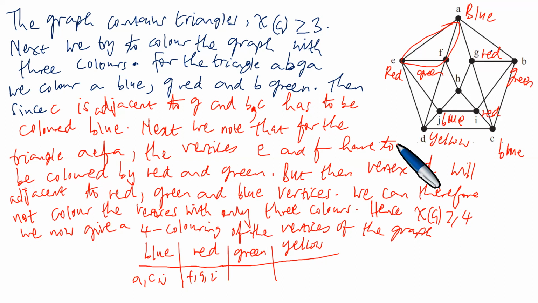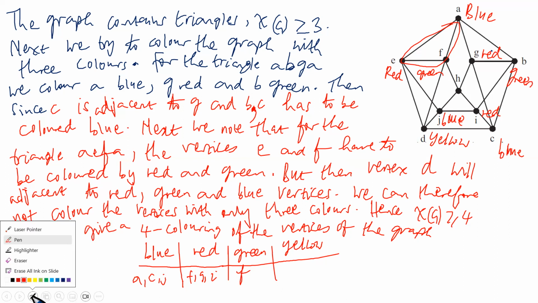Let me see. Yes, it doesn't matter anyway. We made F green. So in view of our choice, if you make F green, you put it here and you remove it, it doesn't matter.